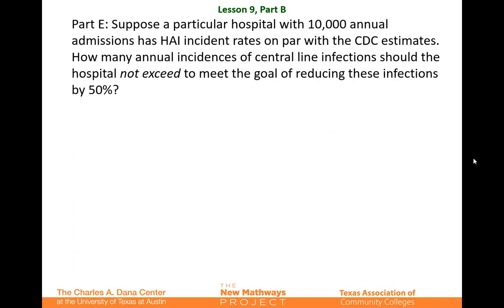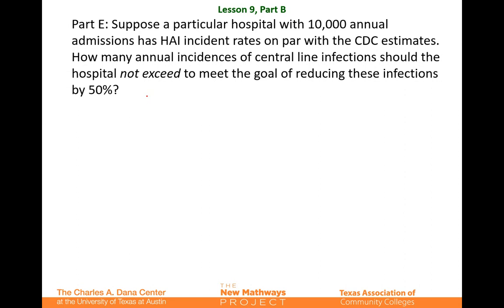Suppose a particular hospital with 10,000 annual admissions has a HAI incident rate on par with the CDC estimates. How many annual incidences of central line infections should the hospital not exceed to meet the goal of reducing these infections by 50%? Well, let's just go through the process.